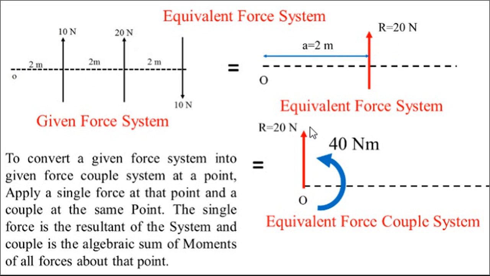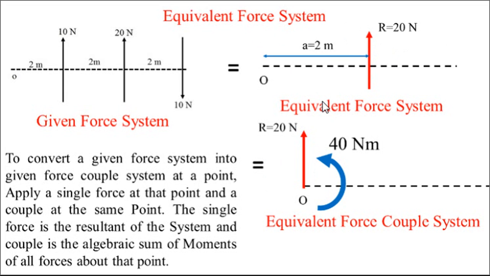See this particular point. I removed the force from here, and to replace the system at O, I will remove this 20 from here and show it at point O. Okay, 20 Newton, but its rotational effect should be the same on the body.